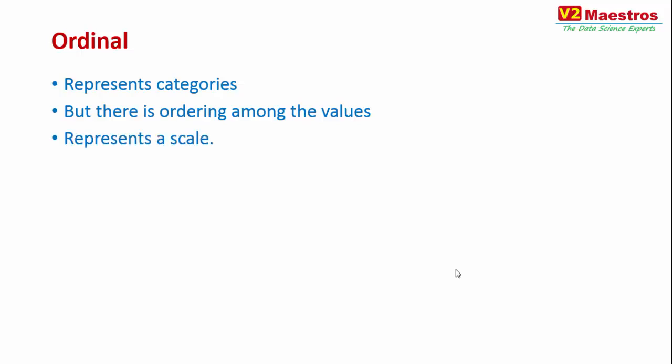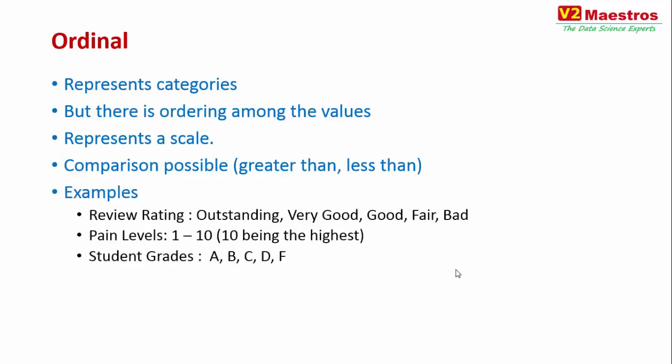And they typically represent a scale of measurement, like a scale of 1 to 10, a scale of 1 to 5, or something like high, medium, low, or excellent, very good, good. It usually represents a scale, but it is still categorical data. And you can do comparisons, like greater than or less than, but you cannot do any kind of arithmetic operations like addition, subtraction, multiplication, division on them.